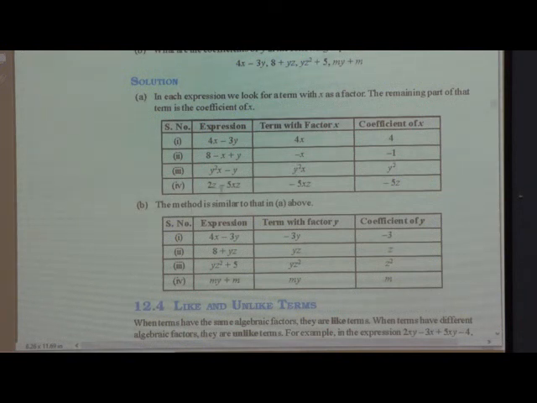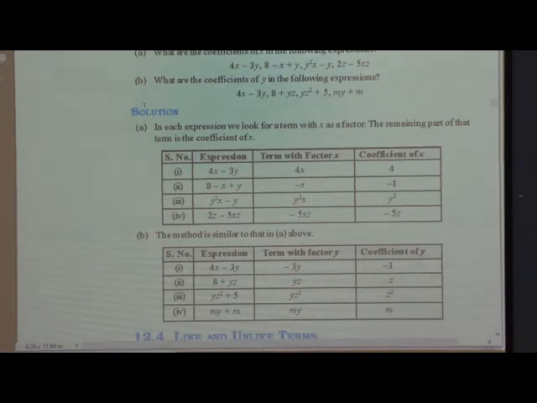Here in 2z minus 5xz, we consider only the term with x, which is minus 5xz. The coefficient of x is minus 5z, because we have to find the coefficient of x only. It is already given, so we just had to find that.